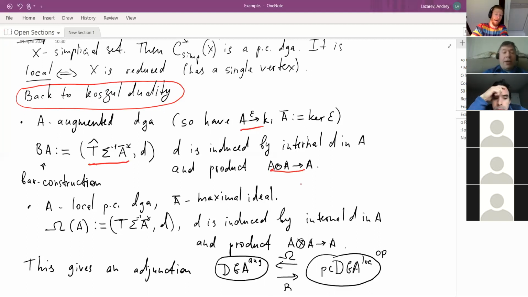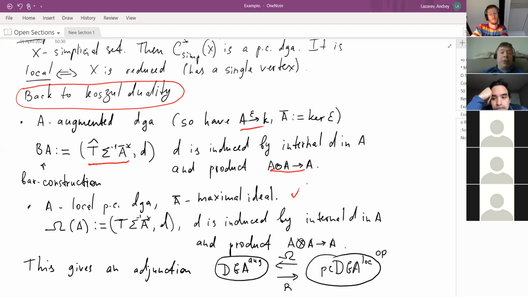A here is a local pseudo-compact DGA. Instead of taking the kernel of the augmentation, I take the maximal ideal, denoted by A bar. Take the dual, take the desuspension, take the uncompleted tensor product.